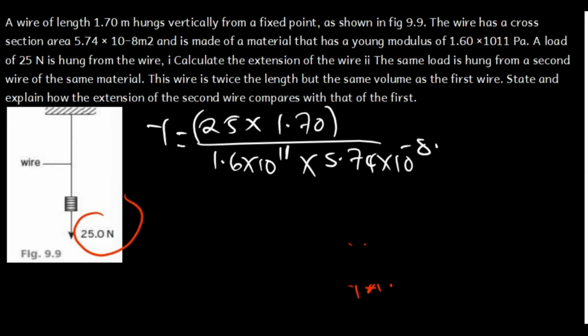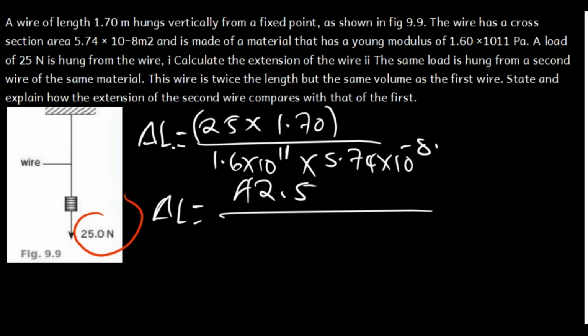So this is supposed to be change in L and not the Young's modulus. So we have change in L, that is the extension which we want to find. 25 times 1.70, I'm going to get 42.5.